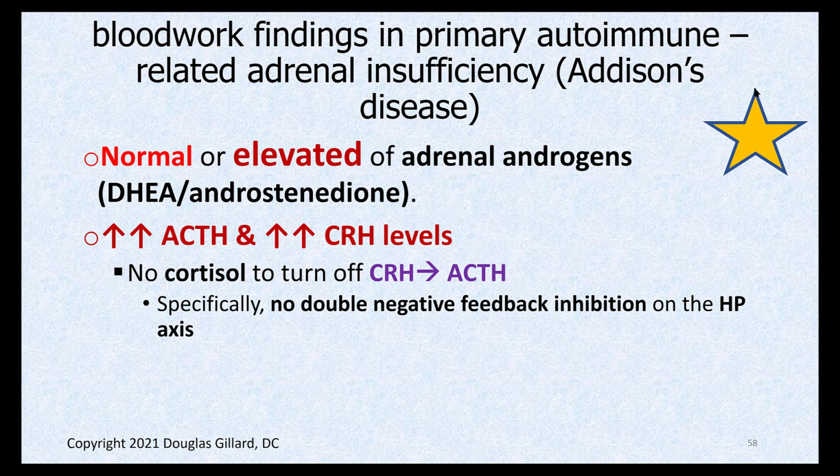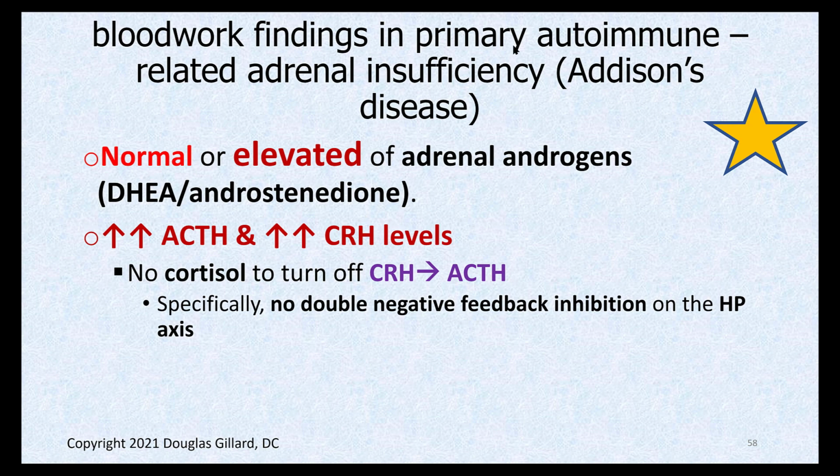Blood findings in primary autoimmune related adrenal insufficiency. What will the DHEA levels look like? Well, if it's an autoimmune attack, that side is spared, because we can make plenty. In fact, we'll make too much if it's an attack against 21-hydroxylase.